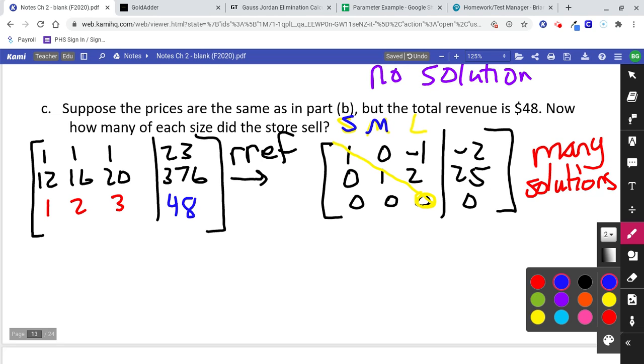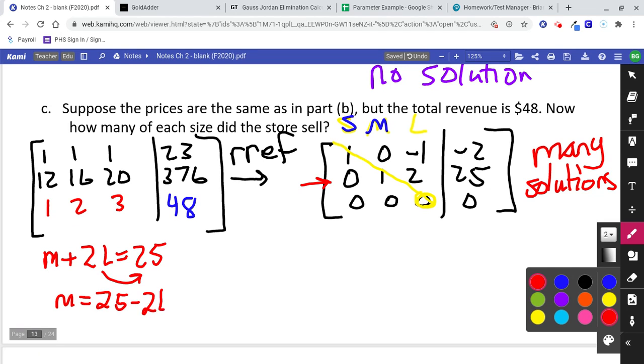So look at the middle row. The middle row represents the equation M plus 2L equals 25. What I'm going to do is subtract this over and see that M would equal 25 minus 2L. Likewise, with the top equation, I could see the top equation says S minus L equals negative 2.